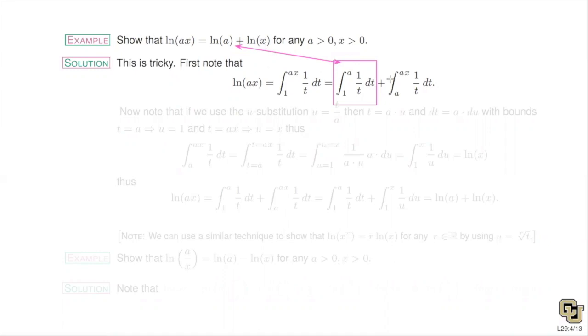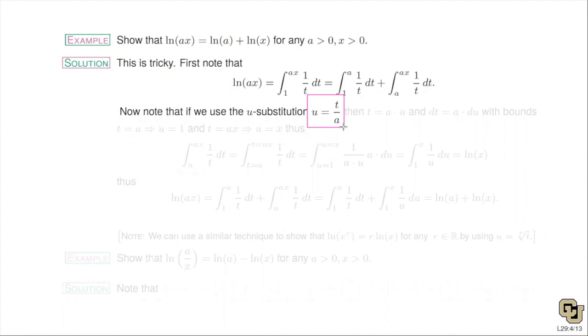I'm now going to show you by doing a u substitution, I can make this other integral look like ln of x. So here, we use the following u substitution, u equal to t minus a. So, the question is, how did I know to use u equal to t minus a? I played around with it a lot and did a lot of scratch paper and messed around with it till I figured out what worked. Okay, and I'm just showing you what works and not the things I tried that didn't work.